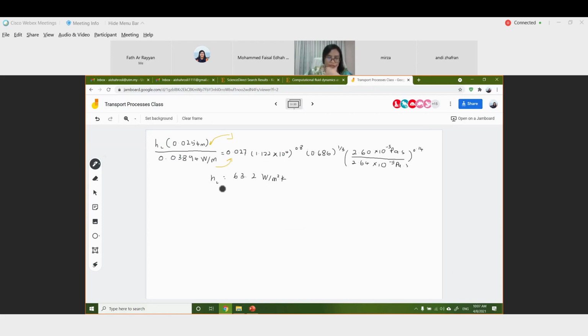Now that we have h L, we have already solved one of the things that the question wanted. The other thing that they want is the heat flux.